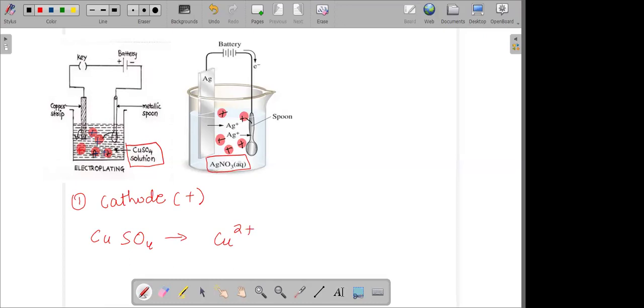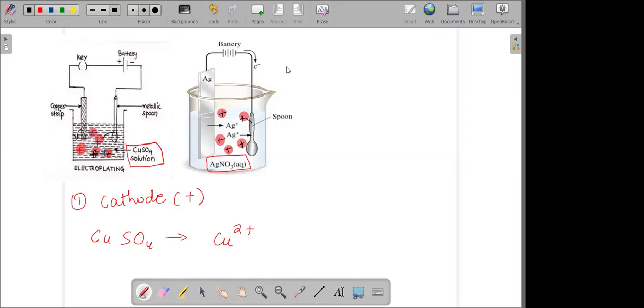The electronegativity of nitrate is not so much that it can give out its electron to silver. It's more stable for the silver to form ions and dissociate into the solution. So these two factors, the electropositivity and electronegativity of a material, determine which substance will move. Sometimes both the substances move.